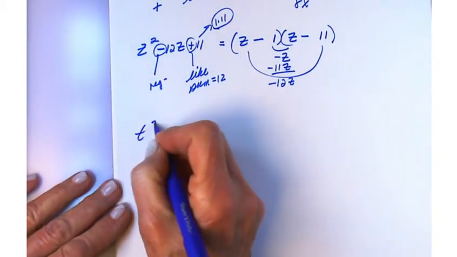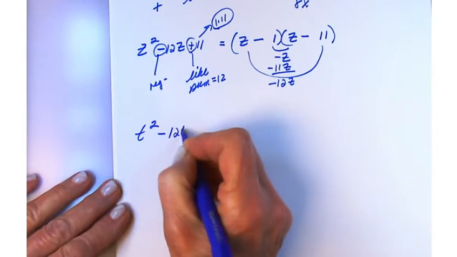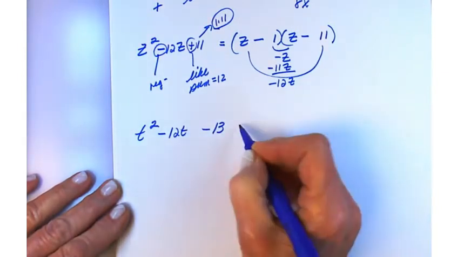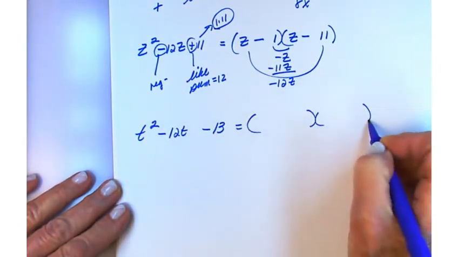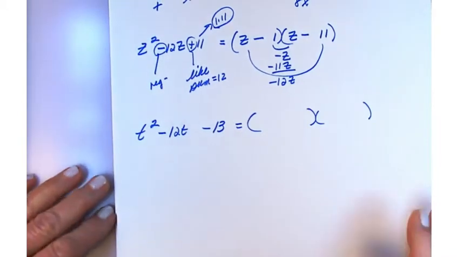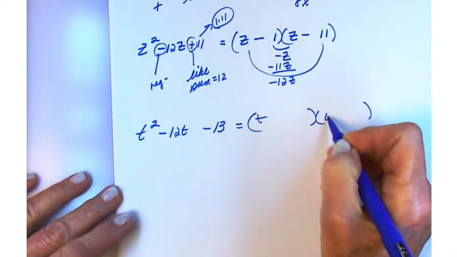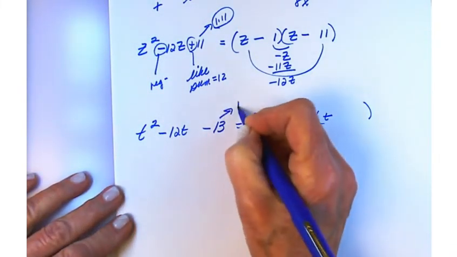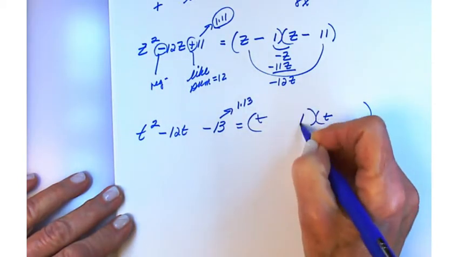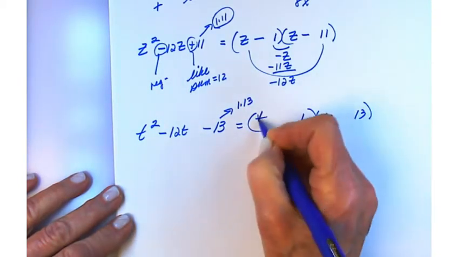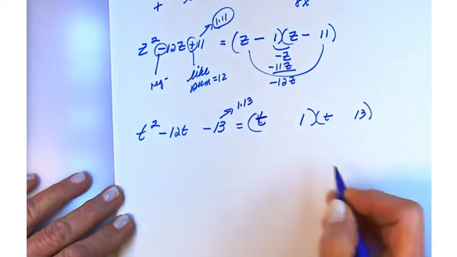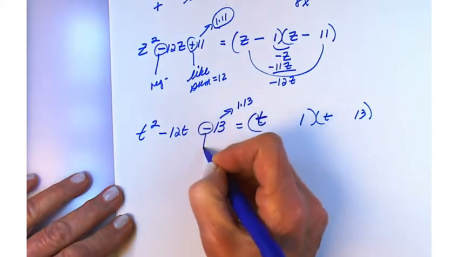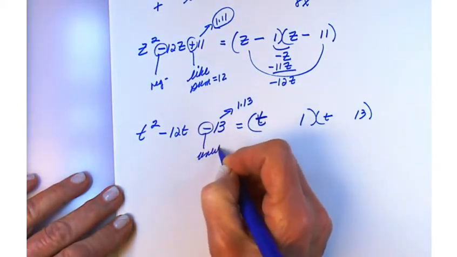Look at t squared minus 12t minus 13. T and t, 13 is prime, so I have 1 and 13. I look here, my signs are unlike.